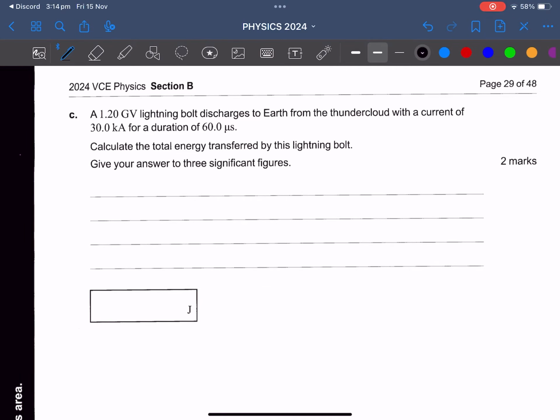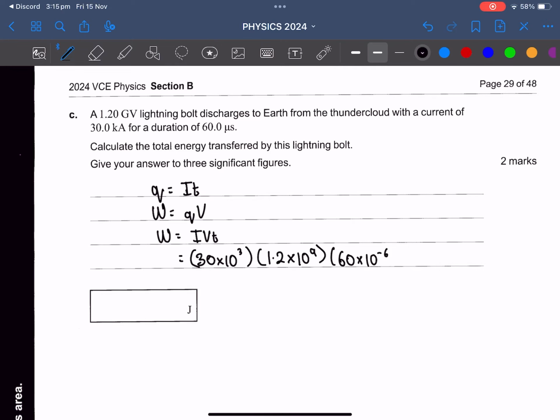So we know that Q equals It, and W equals QV. So we can say that W equals IVt. So our current is 30 times 10 to the power of 3. We times that by voltage, 1.2 times 10 to the 9, and by time, which is 60 times 10 to the power of minus 6.